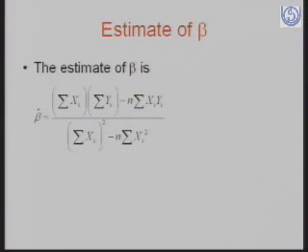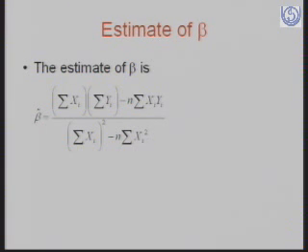A cap or a hat over a parameter means that it is an estimate obtained from the sample. The estimate of beta cap in our OLS model is given by the equation that you can see on the monitor.